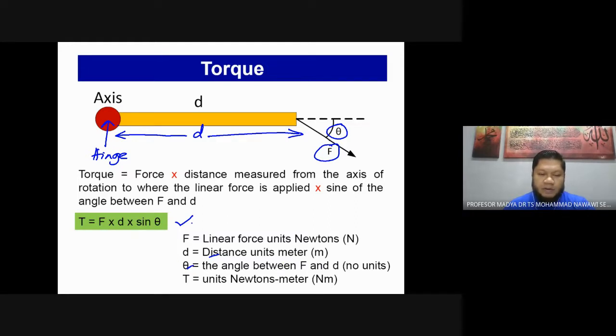This gives you the final equation of the torque. Torque equals the force, times the distance, multiplied by sine theta.